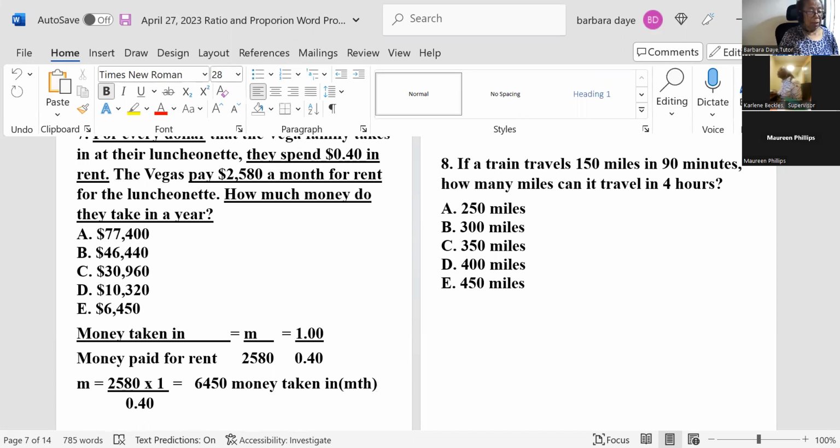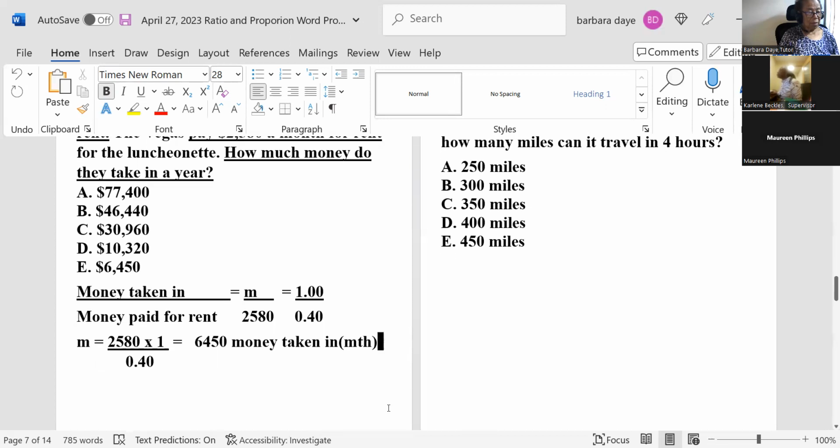Now, how would we figure how much they take in a year? If it's 6,450 a month, a year has how many months? 12. So what would you do with this 6,450? Divide or multiply?